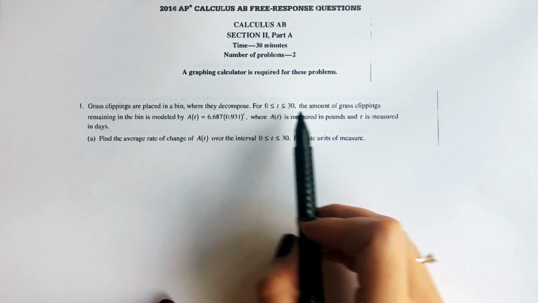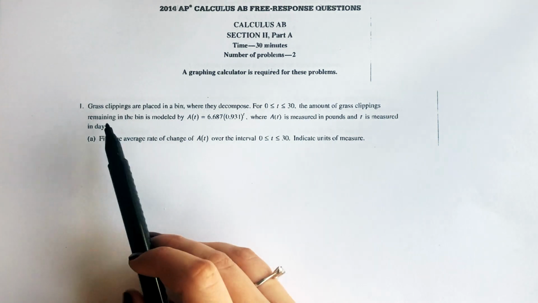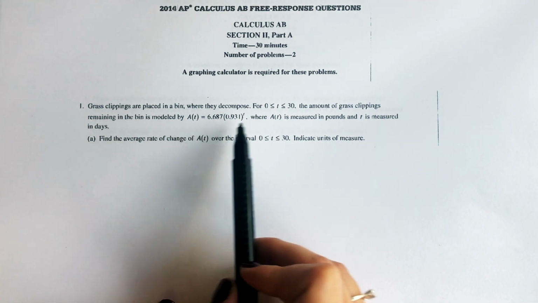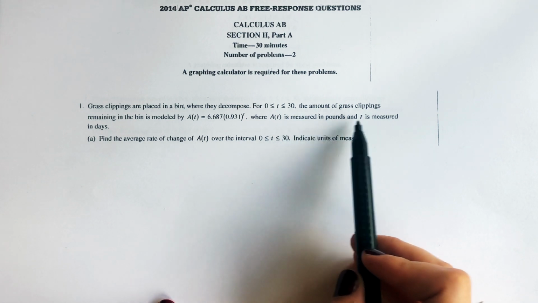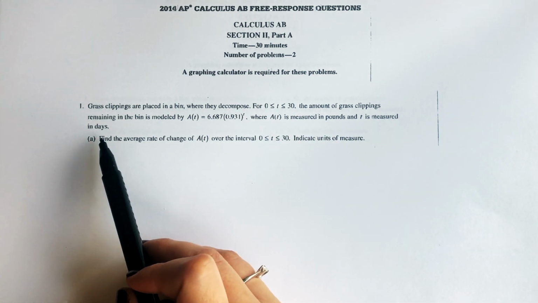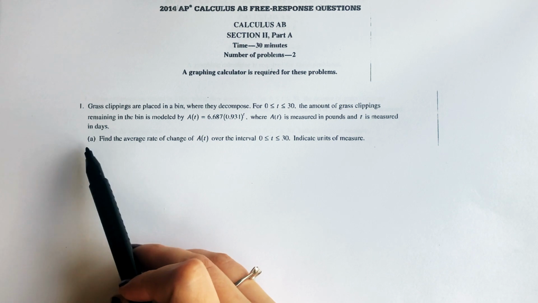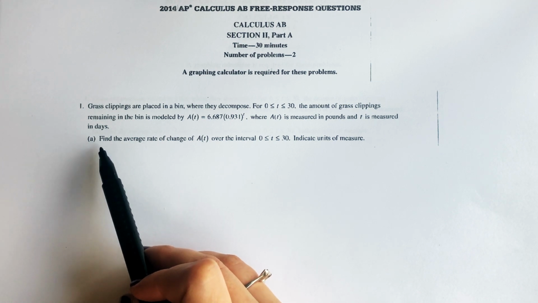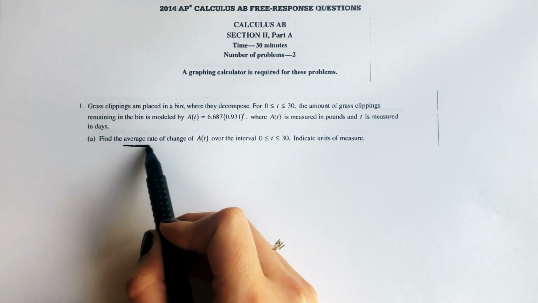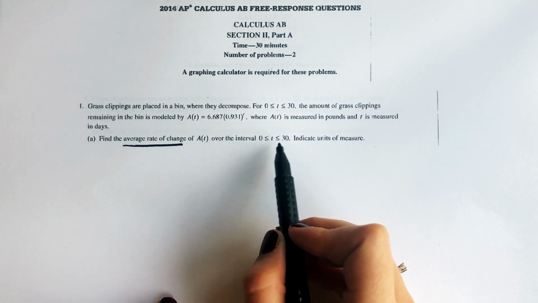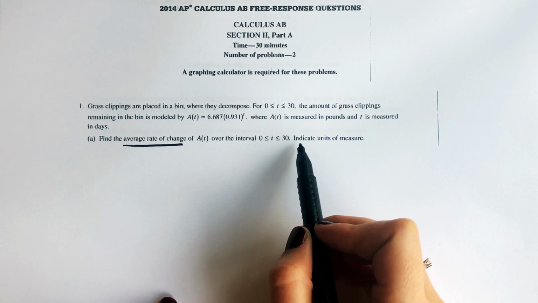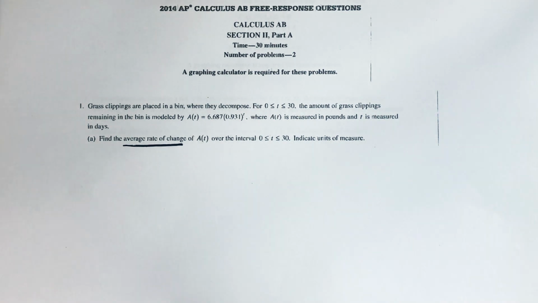For 0 ≤ t ≤ 30, the amount of grass clippings remaining in the bin is modeled by a function A(t), where A(t) is measured in pounds and t is measured in days. In part A, it says find the average rate of change of A(t) over the interval 0 to 30, and indicate the units of measure.